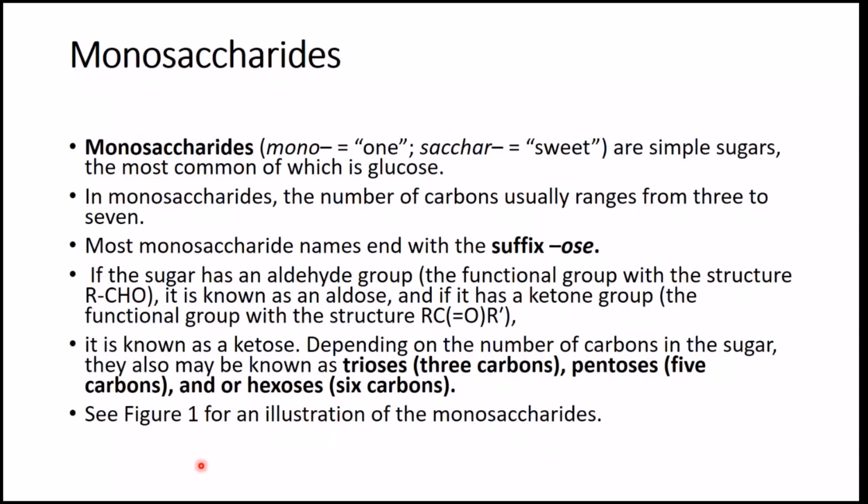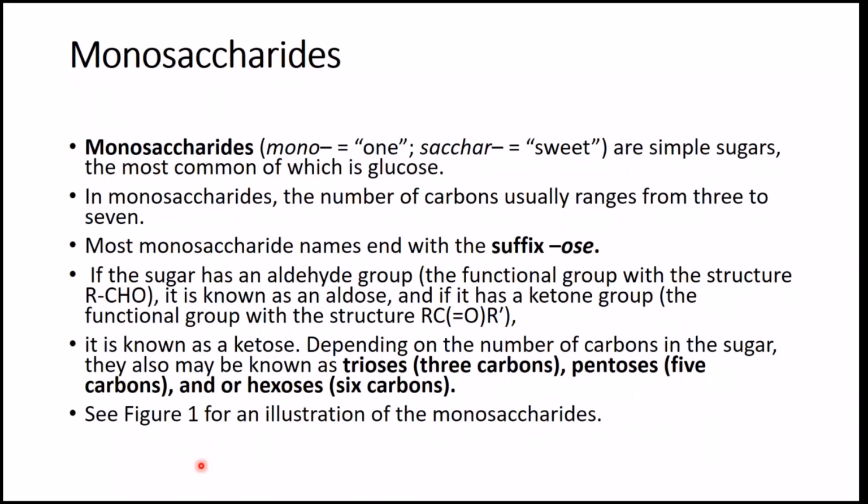If the sugar has an aldehyde group, the functional group with the structure RCHO, it is known as an aldose, and if it has a ketone group, the functional group with structure RC(=O)R, it is known as a ketose. Depending on the number of carbons in the sugar, they may also be known as trioses, 3 carbons, pentoses, 5 carbons, and hexoses, 6 carbons.